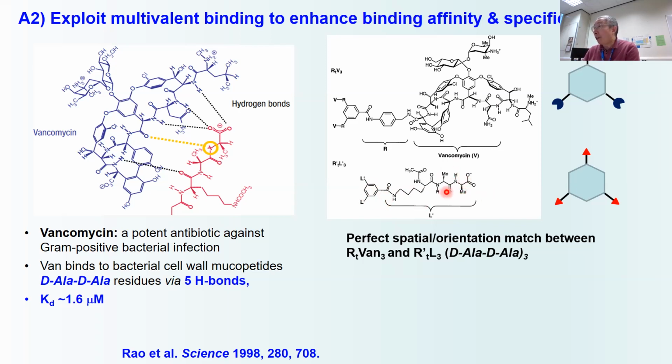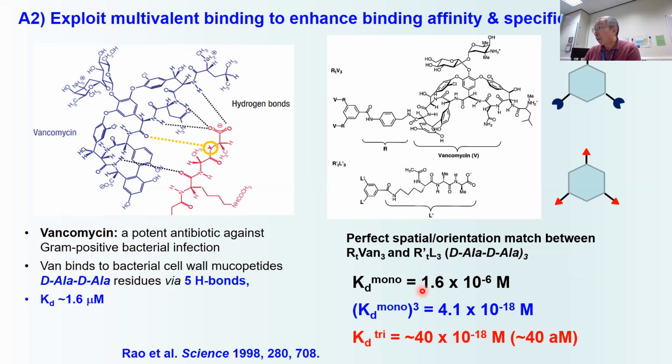When they had the perfect spatial match, for this trivalent ligand and trivalent receptor binding, they found the KD to be 40 times 10 to the minus 18. So effectively, it matches pretty well to what you may expect for the monovalent one, and the difference here is rather small. A KD of 40 attomolar is pretty much the strongest non-covalent interaction that has been achieved.